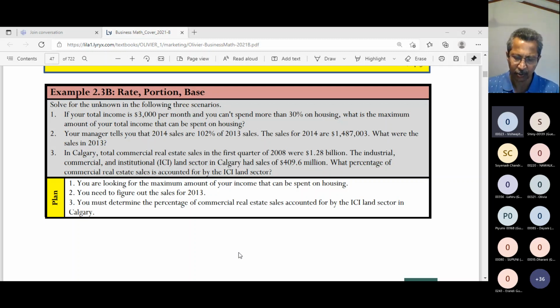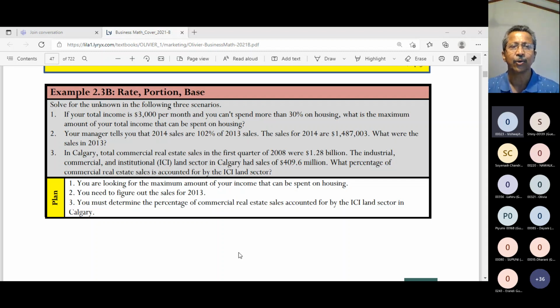What were the 2013 sales? Okay, we'll go to the board and discuss. I think some of you can give the answers, but others will go to the third one.